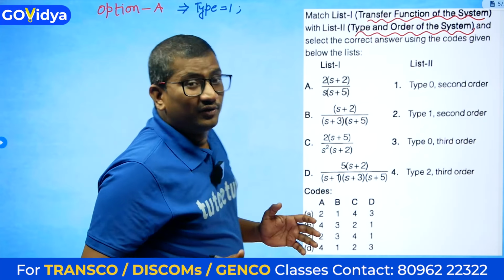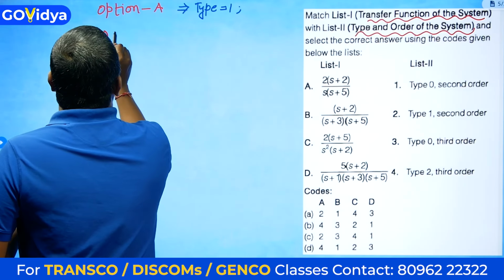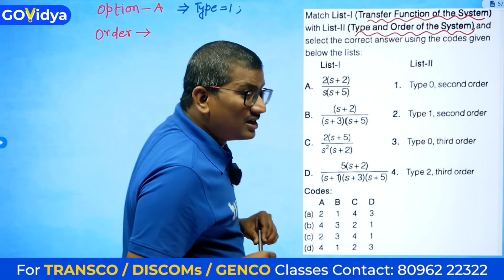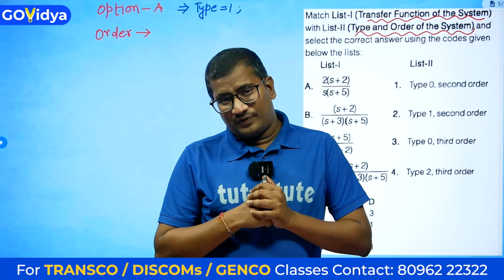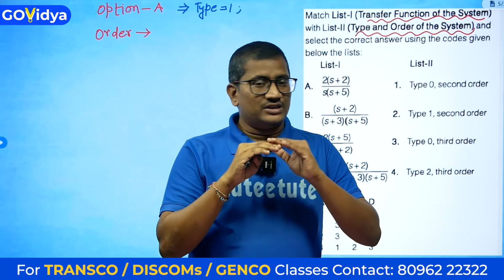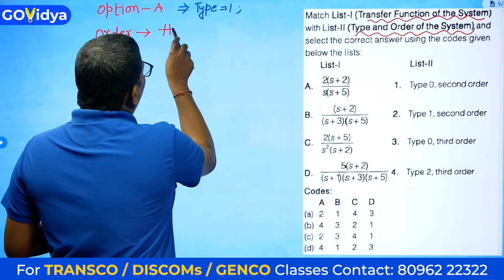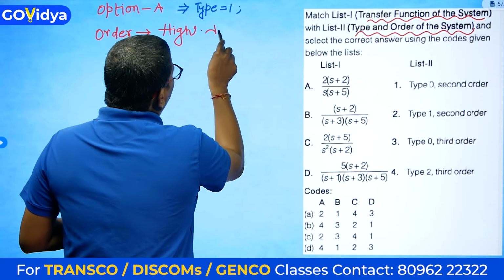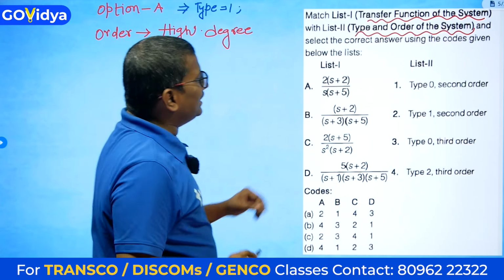And what is the order of the system? What is the definition of the order? Order is the highest degree of the polynomial in the denominator of the transfer function. So what is the degree here?